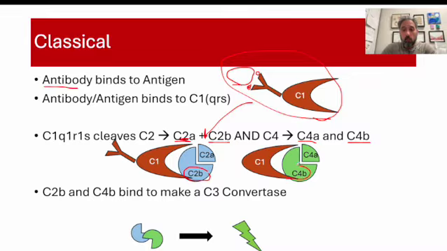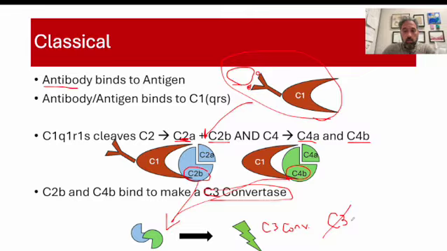C2B and C4B are going to come together and make a C3 convertase. So this is a C3 convertase. And the C3 convertases are always going to cleave C3 into C3A and C3B. So that's what the convertases do.